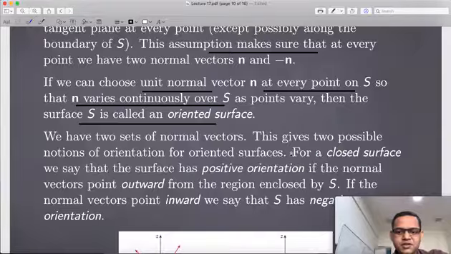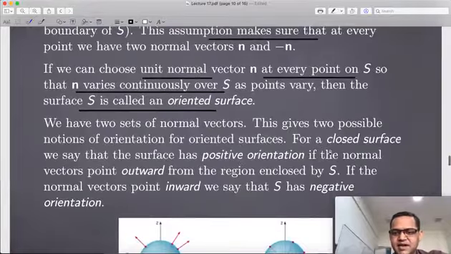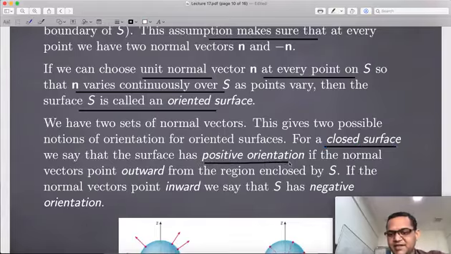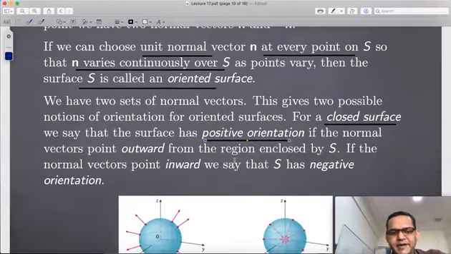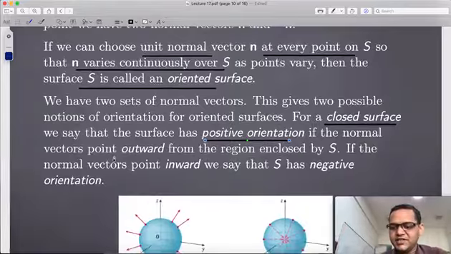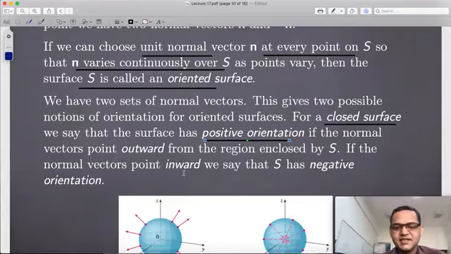Orientation is defined for closed surfaces. We say that a closed surface which is orientable has positive orientation if the normal vectors point outward from the region enclosed by S.